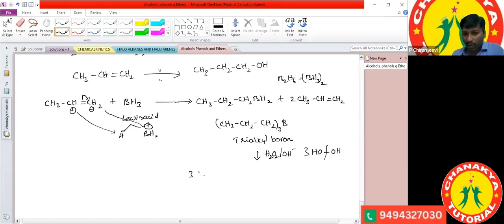Then it forms 3 moles of propanol, CH3-CH2-CH2-OH. And 3 OH groups are attached to the boron, B(OH) taken 3 times. This we can also write as H3BO3. This we can call boric acid.